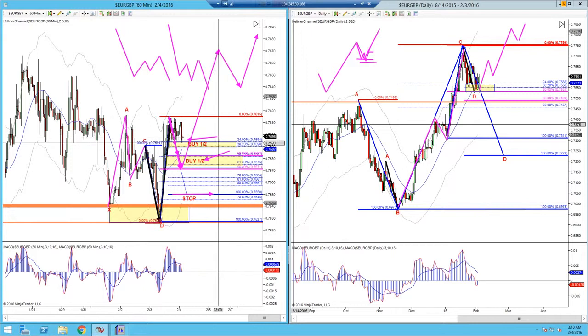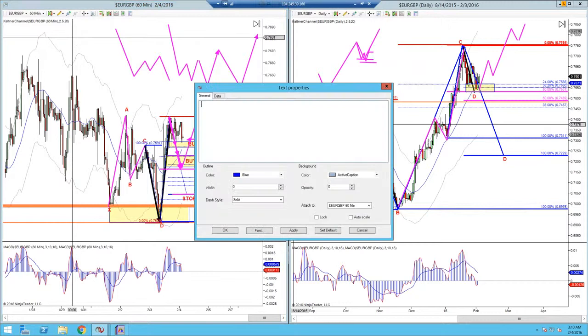So how you would do the size is if you have 90 to 45, you got 45 pips.